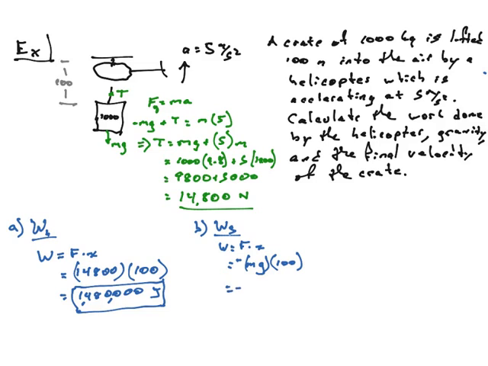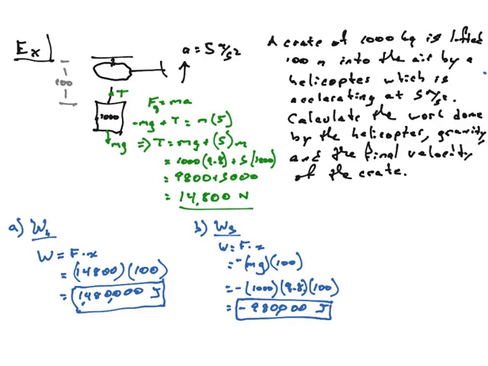Okay, so negative m, that's the mass, 1,000 kilograms, g, 9.8, and the distance, 100. So what's the answer? Minus 980,000 joules.